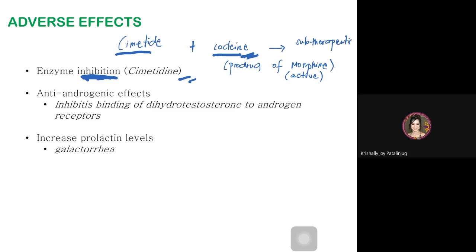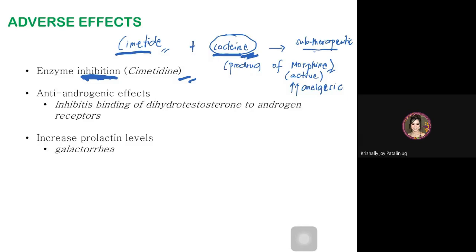Subtherapeutic. Okay, nganong subtherapeutic lang? Supposedly, si codeine has to be metabolized to its active form sa body, producing morphine, which has greater analgesic effect compared to codeine. Now, with the presence of cimetidine, na siya tendency to inhibit the enzyme that is needed to metabolize codeine to its active form.